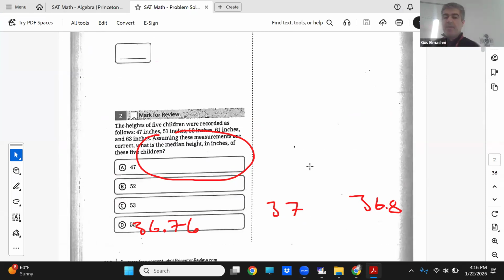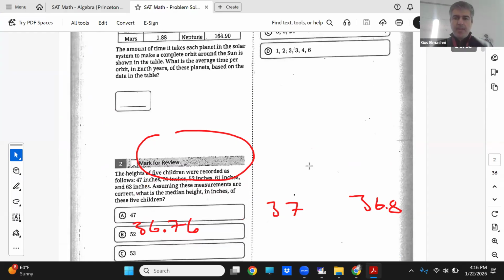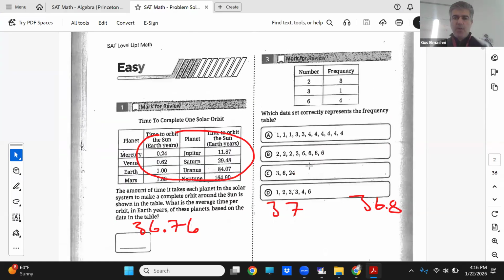Okay, go and try 2 and 3. Number 2 is asking for the median, and 3 is asking how to express that frequency table. Median's the middle.